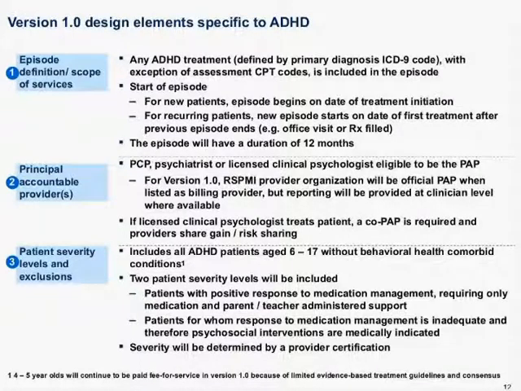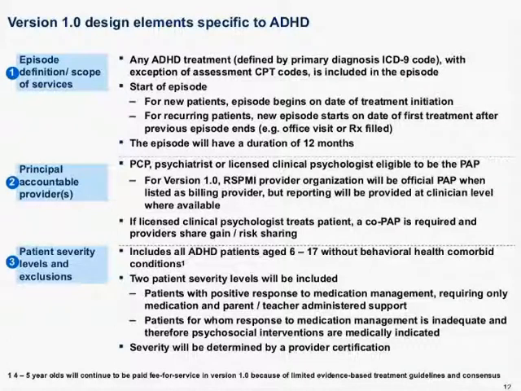That way you'll be able to track who really belongs to those clinicians within your organization. If a licensed clinical psychologist treats the patient, then a COPAP is also required, and providers will share any gain or risk sharing that would occur.